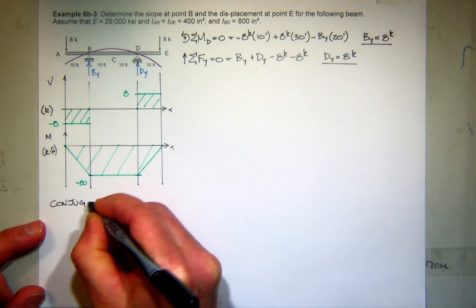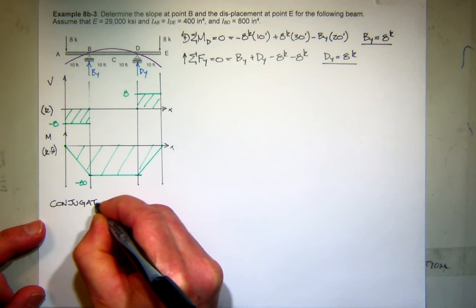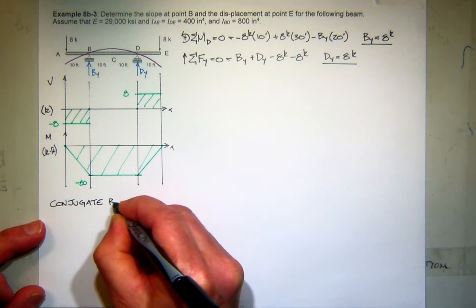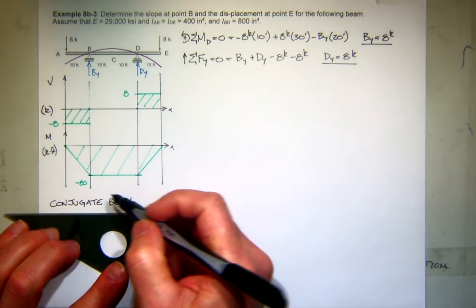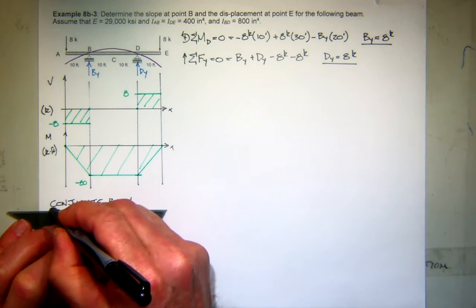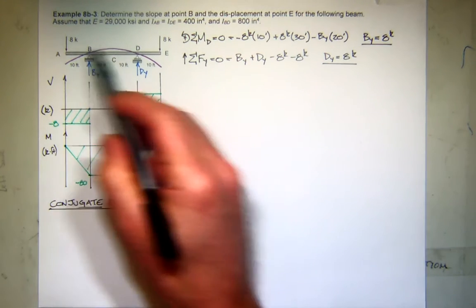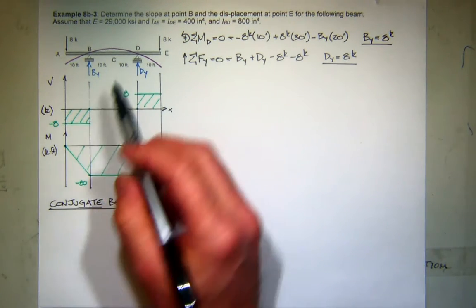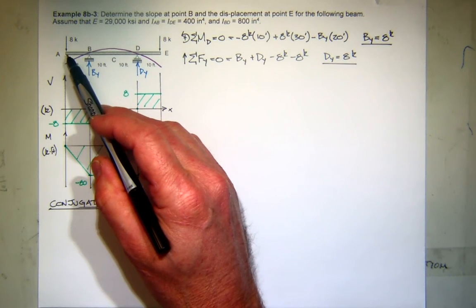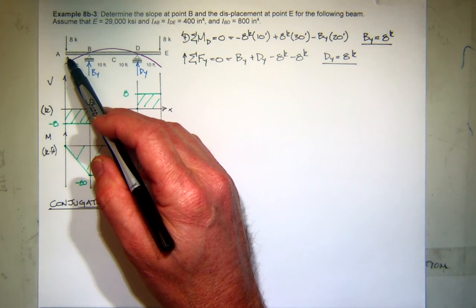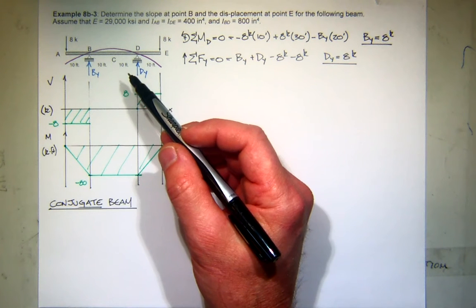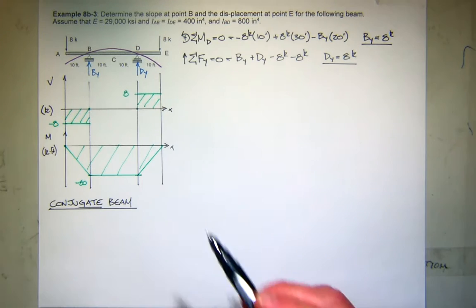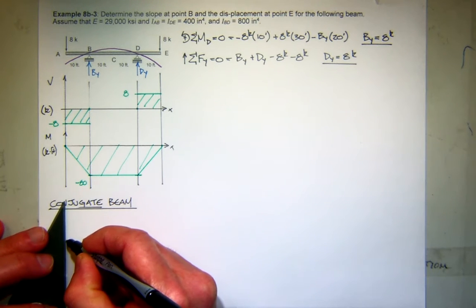So let's start with first the geometry. What do these free ends become? Free end becomes, in conjugate space, fixed. And what do these internal supports become? Hinges. So what do we get?